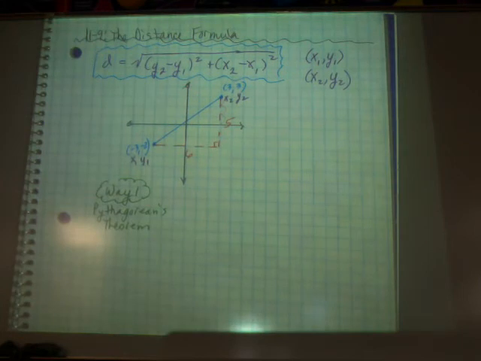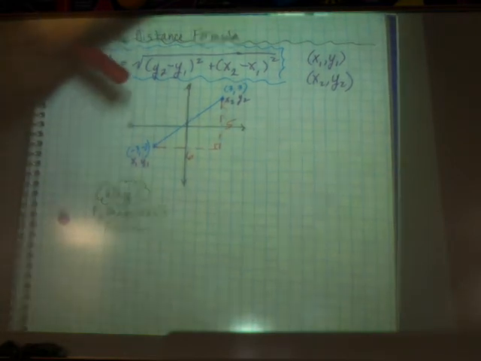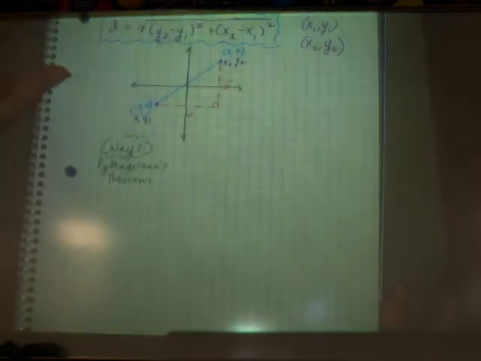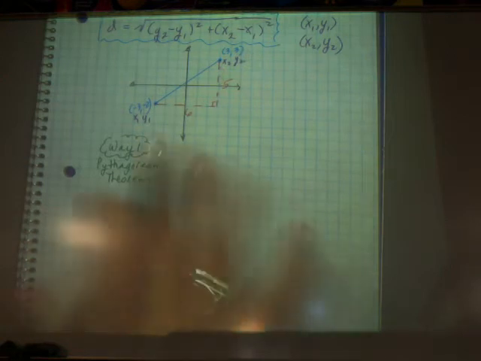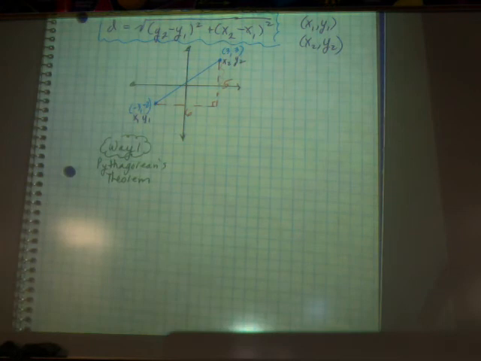Now the reason why you learn the distance formula is because imagine if my points were like, I don't know, 24, 60, and negative 50, negative 25. Would you want to plot that and make a right triangle and then try to go from there? No.